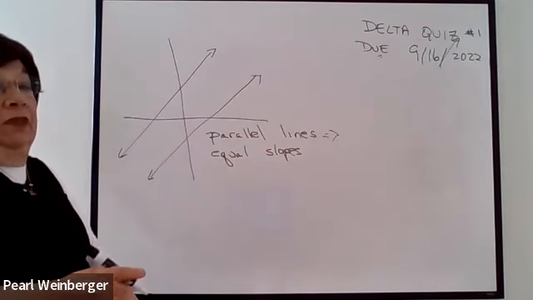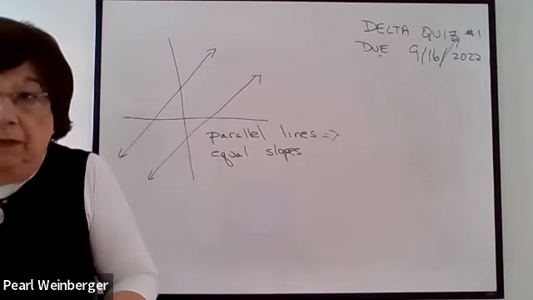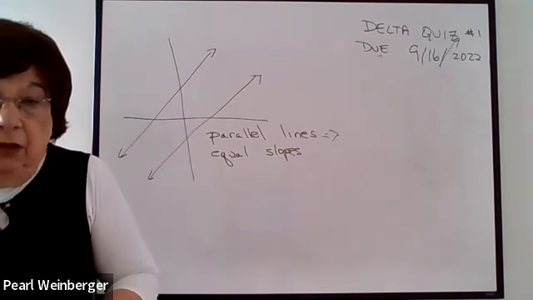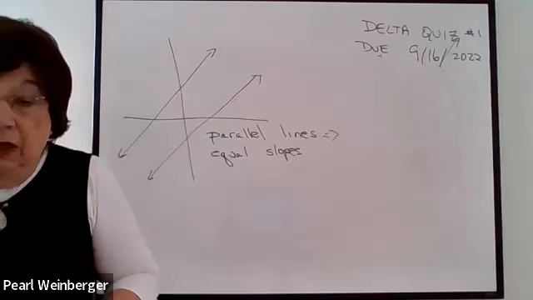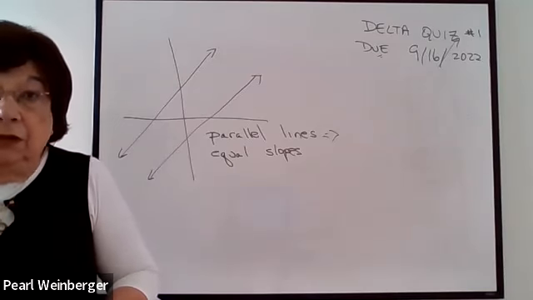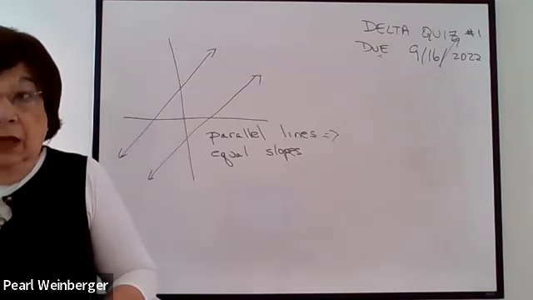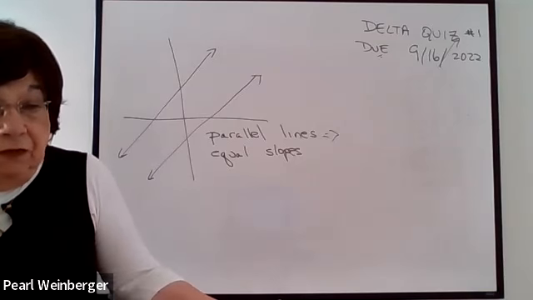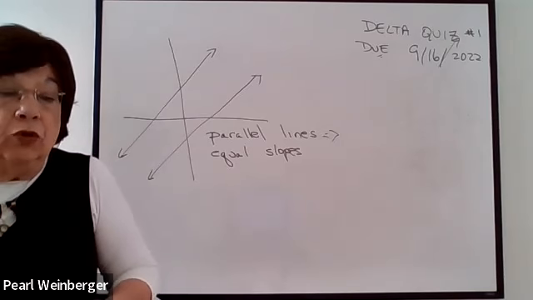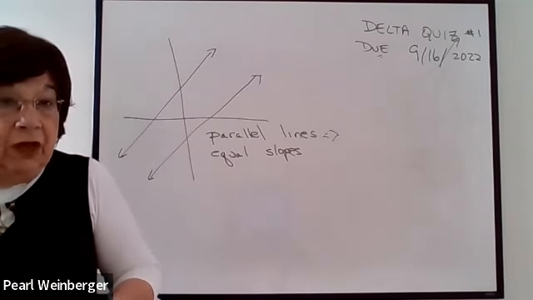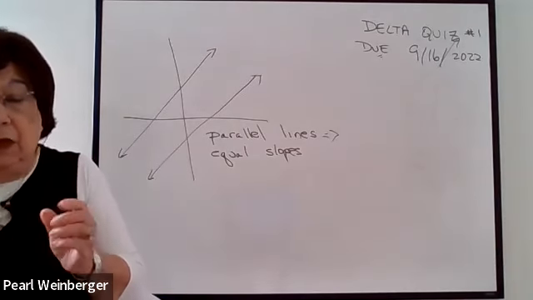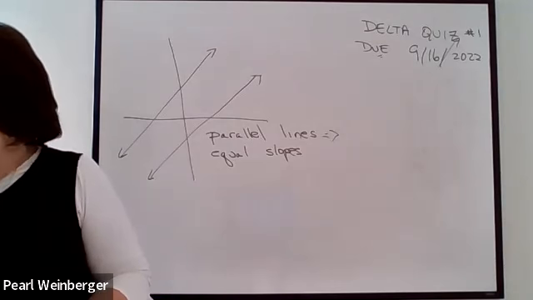If the slopes of two lines are the same, those two lines have to be parallel. If the two lines are parallel, and you know the slope of one is -3/5, that immediately tells you that the slope of the second line has to also be -3/5. The two lines being parallel means they have the exact same slope.